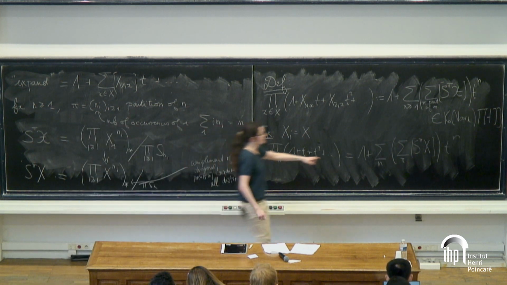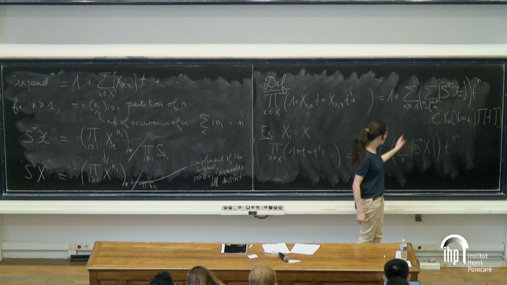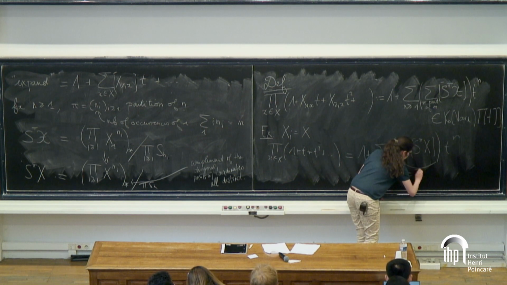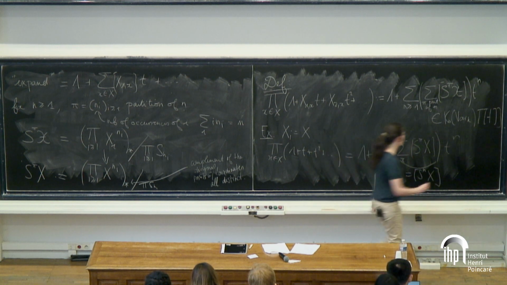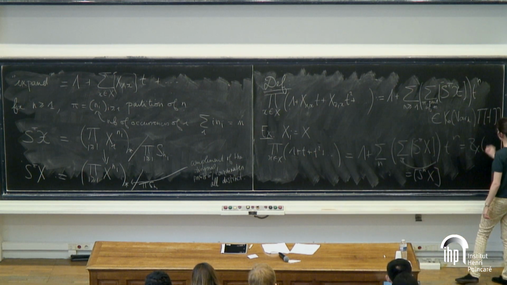So the sum over all these classes, just by the cut and paste relation, is exactly S^n X, and so we do get Kapranov's zeta function here.